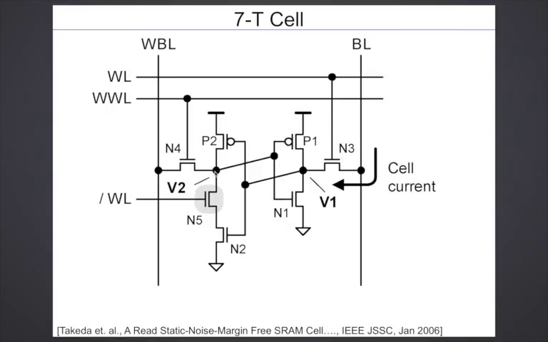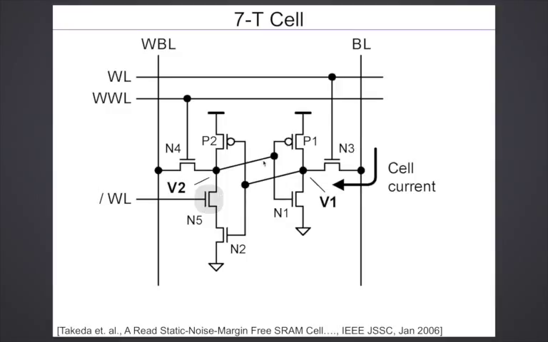So, for example, if V1 is high and you want to write a 0 here, V1 gets pulled to 0, and then V2 gets pulled high and it remains 1. Now, if V2 is high and you want to write a 0 here, V2 gets pulled low from the N4.